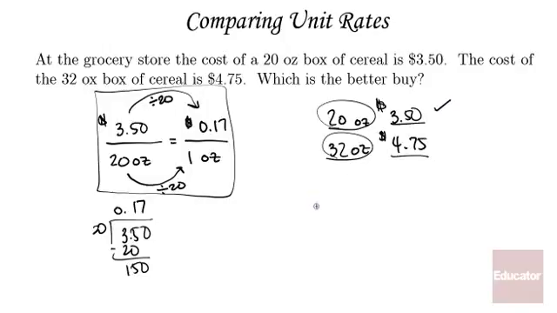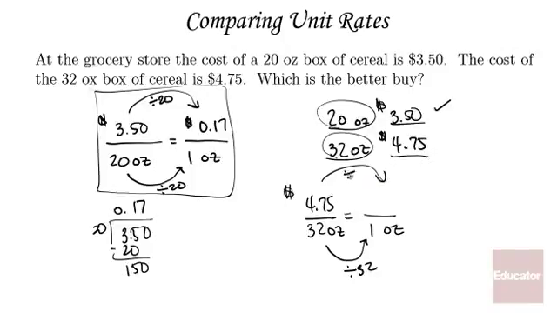Now let's try the second one. 32 ounces on the bottom for 1 ounce and $4.75. So to go from 32 to 1, I'm going to be dividing by 32. So on top, I'm also going to divide by 32. So I'm going to take 475 and divide by 32.